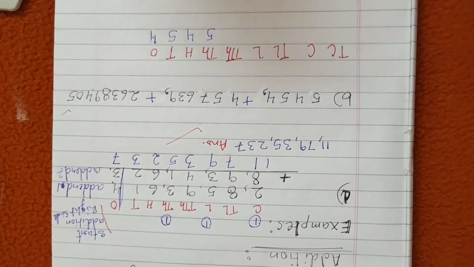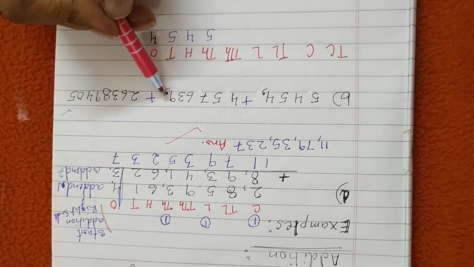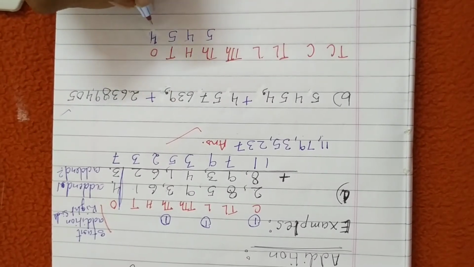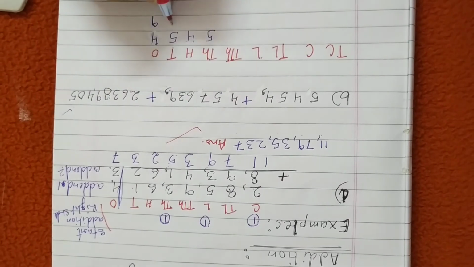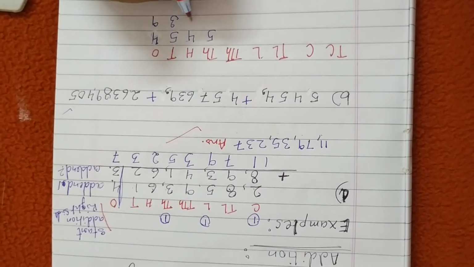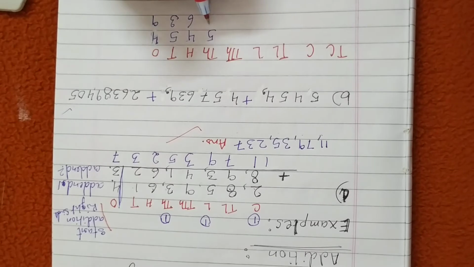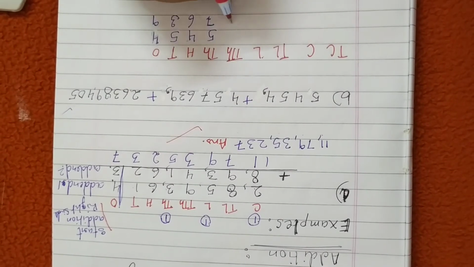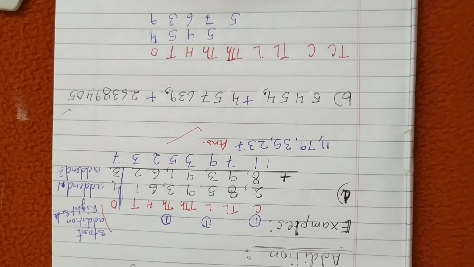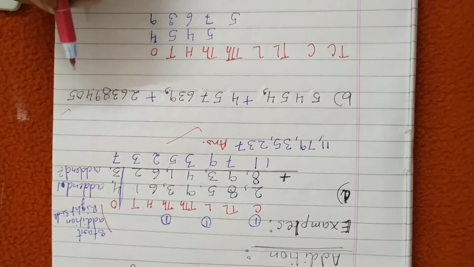Stop it here. Now see the second addend. Start placing in the next line: 9, 3, 6, 7, 5. Placed it.